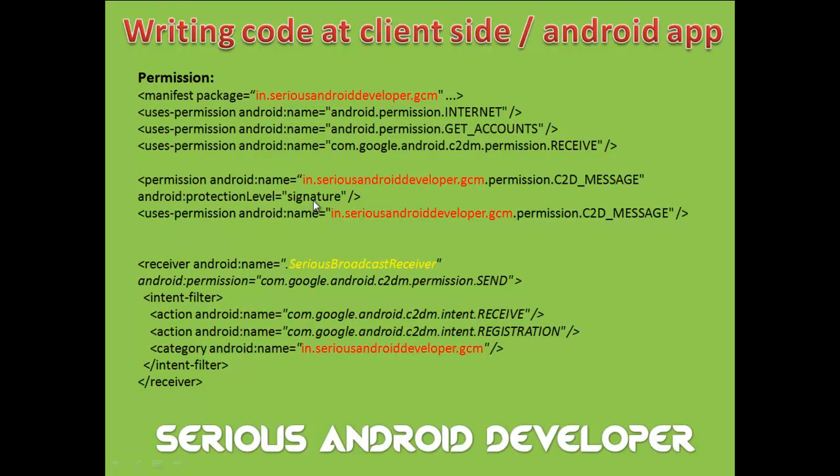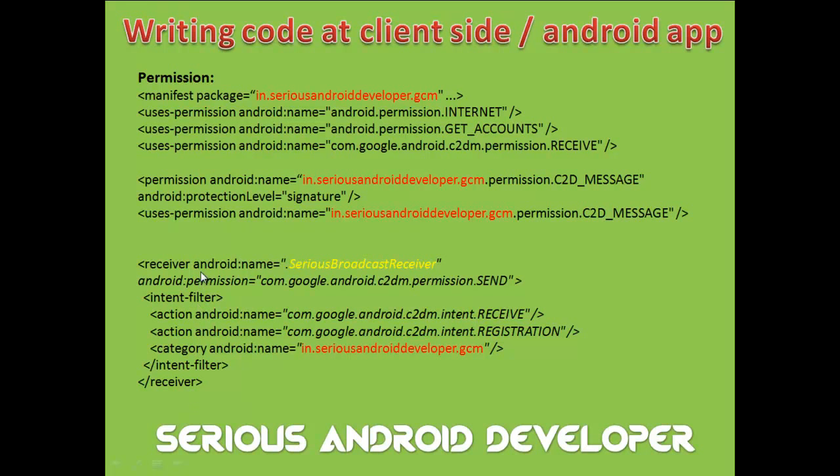This is used for privacy, for whenever the GCM data is received. The data is received using the broadcast receiver. The other app cannot get your GCM data. This is for that restriction, and this is the definition.